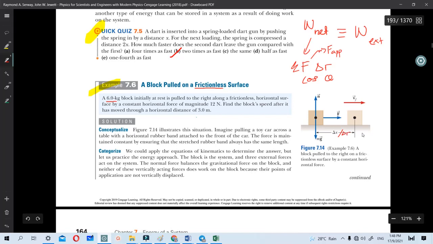The question: if the force is constant with a magnitude of 12 Newton, determine the block speed, the v final, after it moves through a horizontal distance of 3 meters. So this is our delta r or delta x.